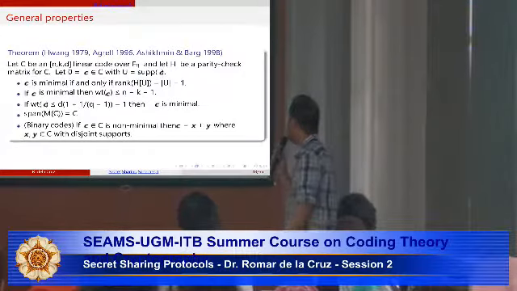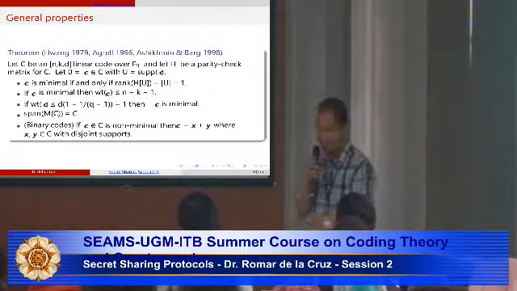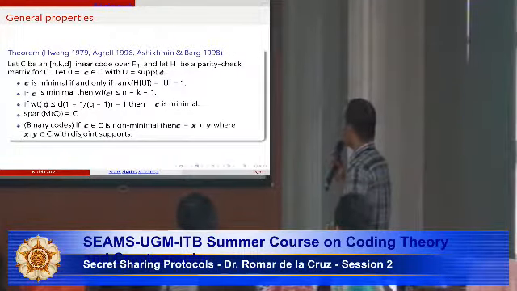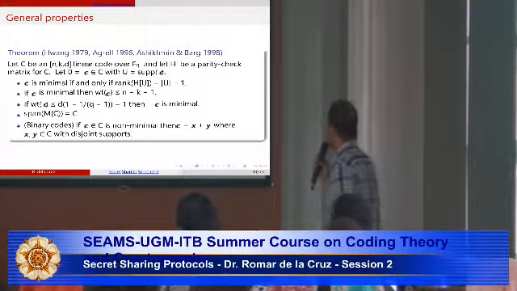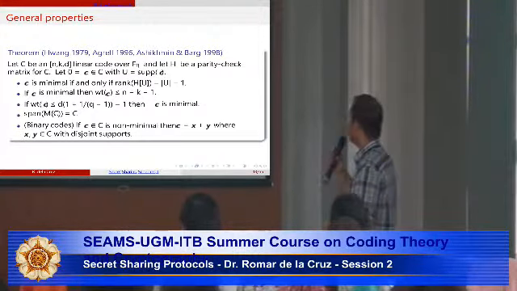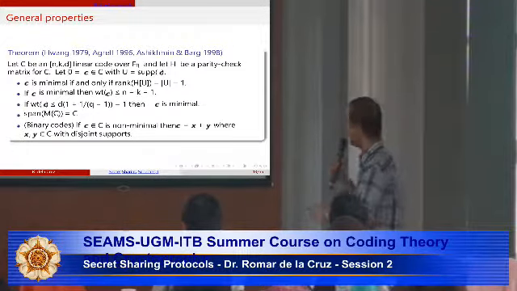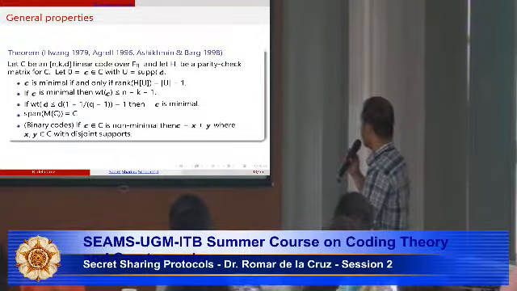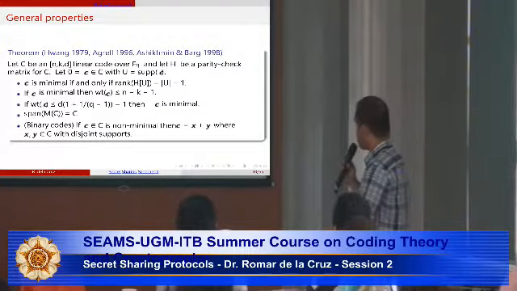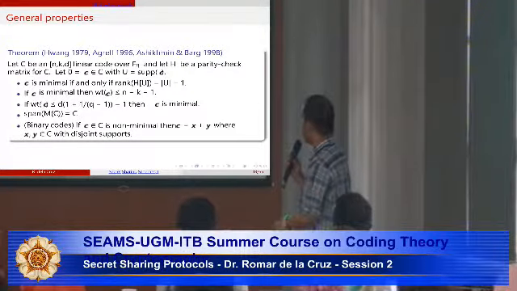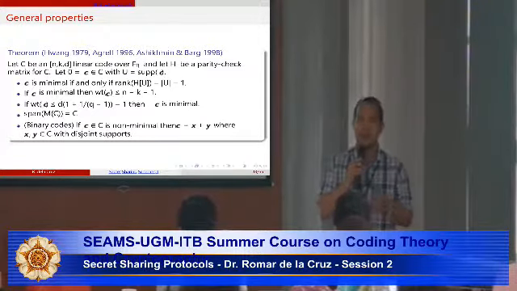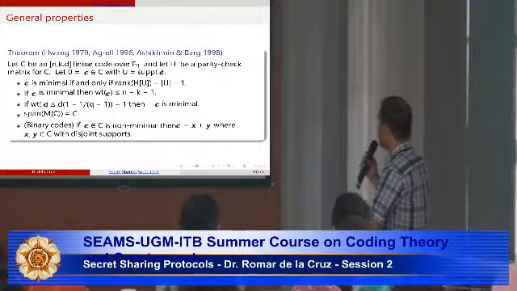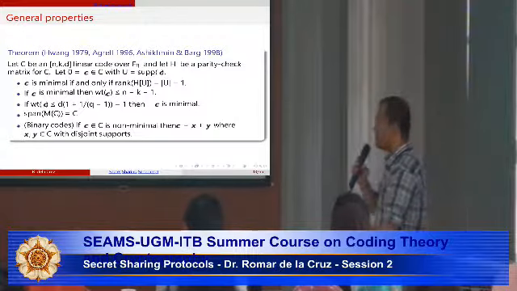Now, let's look at some general properties of minimal code words. These were given by these researchers. The properties are as follows. C is an [n,k,d] linear code, H is a parity check matrix, and we take a non-zero code word. Let us denote its support by U. One property is the following: C is a minimal code word if and only if the rank of this matrix is equal to the size of U minus 1.